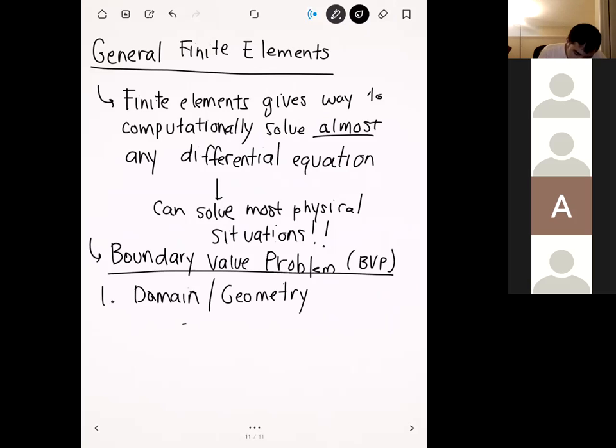Okay. But just for the purposes of this class, I'm going to draw my usual potato, amorphous blob right here. Okay. And then we'll say this is our geometry or our domain for our boundary value problem. Okay. And so practically, the way that you specify this is you usually supply some kind of CAD file.